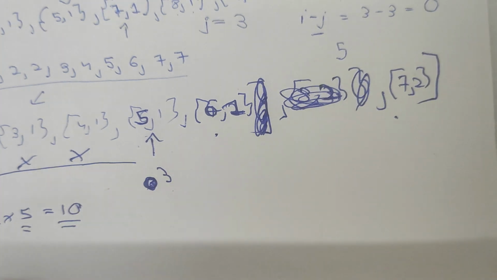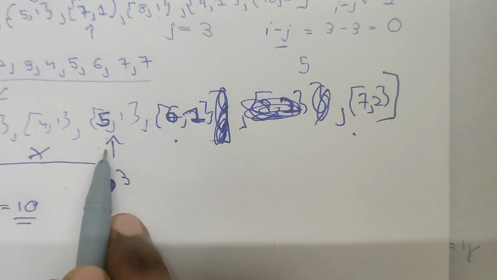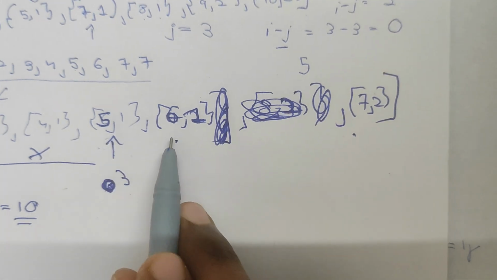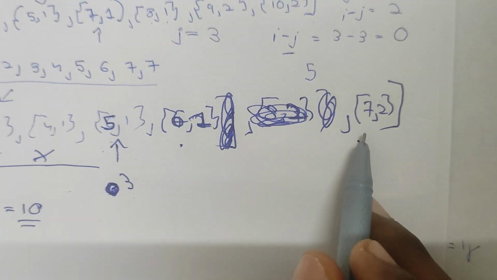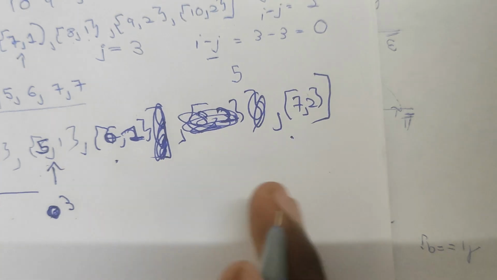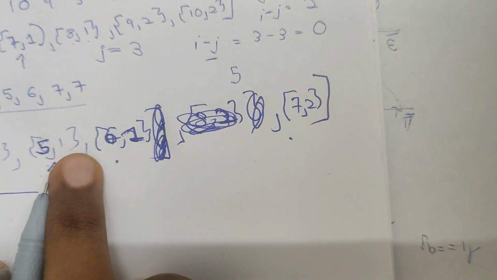Otherwise, it makes no logical sense. If we are not picking any of these values, it doesn't make sense, because then we are losing out on all these 3 values.